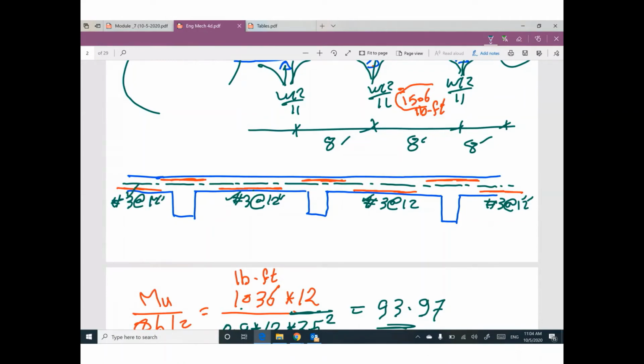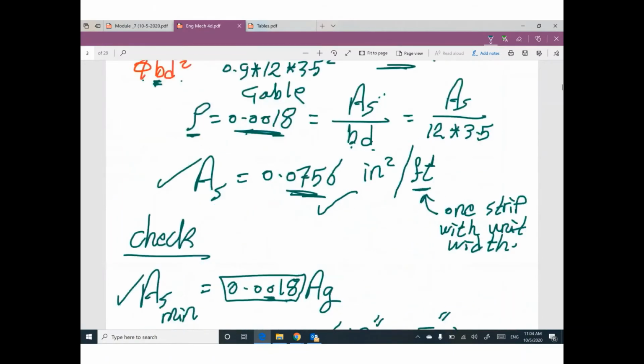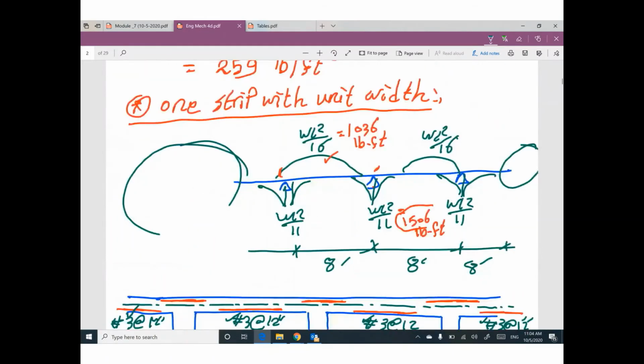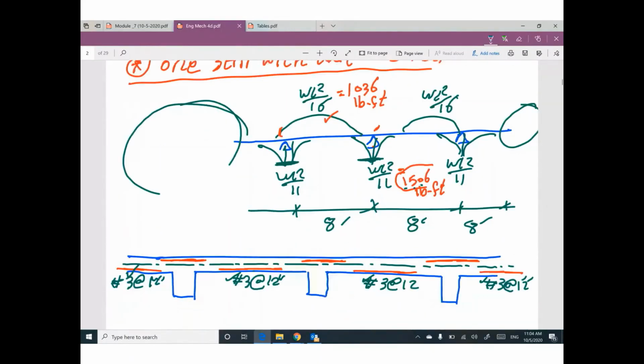We need to repeat all of this stuff one more time for the moment at supports, which is 1506. This value can tell you how much is the reinforcement here and here and here. Like we did with beams. Do you remember? So we need to calculate one more time.